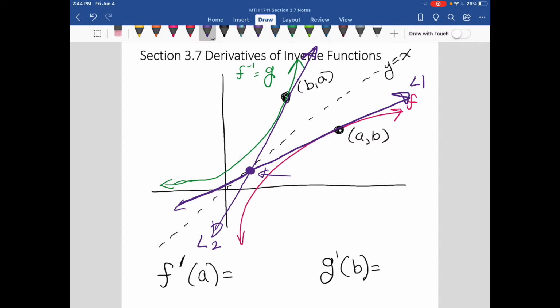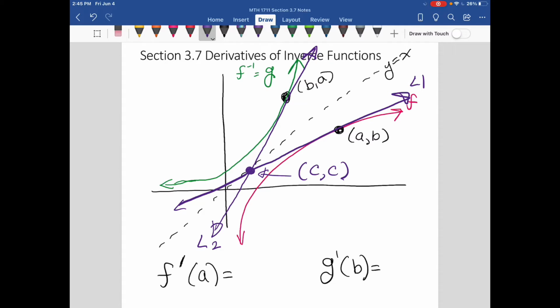Now you can see that when you have those two tangent lines, they intersect at the line y equals x, which means this point where it intersects has the same x and y coordinate. So let's call this point C, C. And it has the same x and y coordinate because it's on the line y equals x. So the values of x and y should be the same.